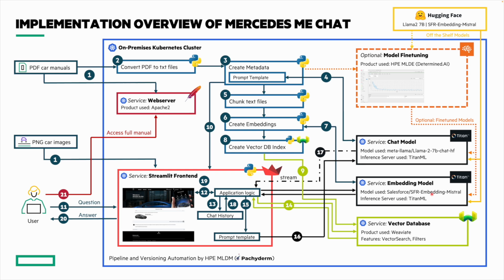So I think the easiest is to really briefly step through the workflow here. It all really begins with loading PDF manuals that I scraped from the manufacturer's website. And I'm converting those PDF files into text files, and I'm parsing them and removing any weird characters so they're in a form that they're consumable by the application.